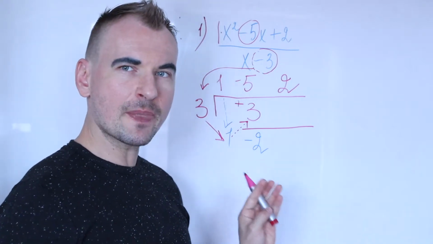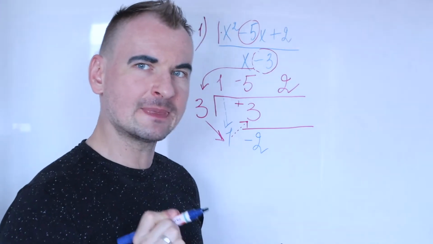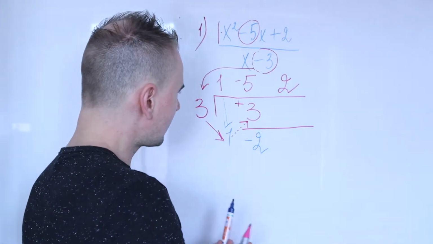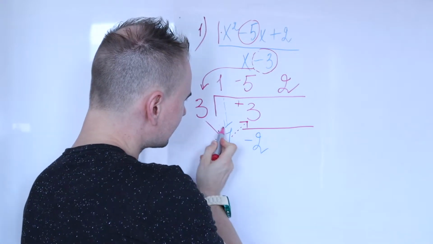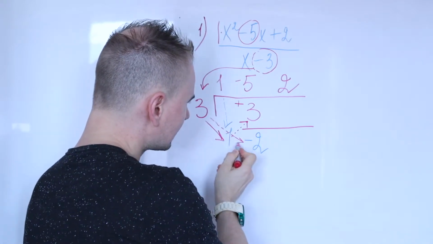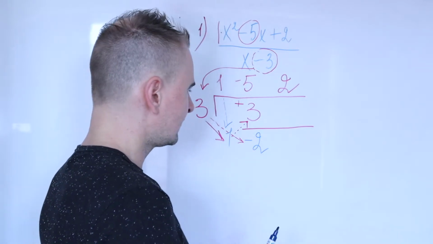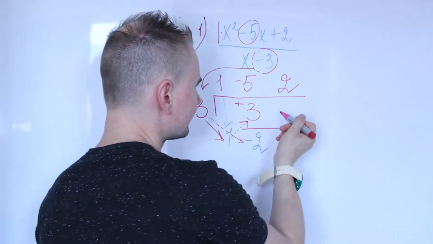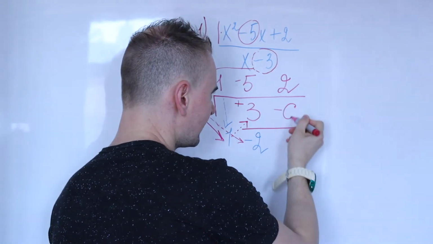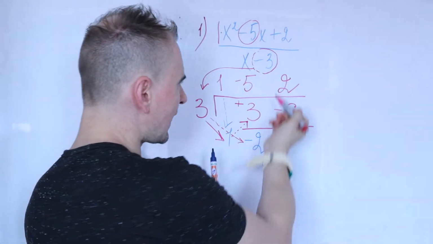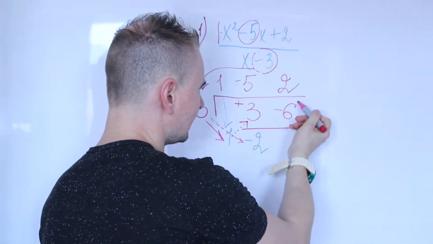Now, from that point, I'm going to repeat the process. I'm taking the 3 and I'm going to multiply it by this negative 2, so it becomes negative 6, and I'm going to place it over there. Alright, now I'm going to add these two numbers vertically.